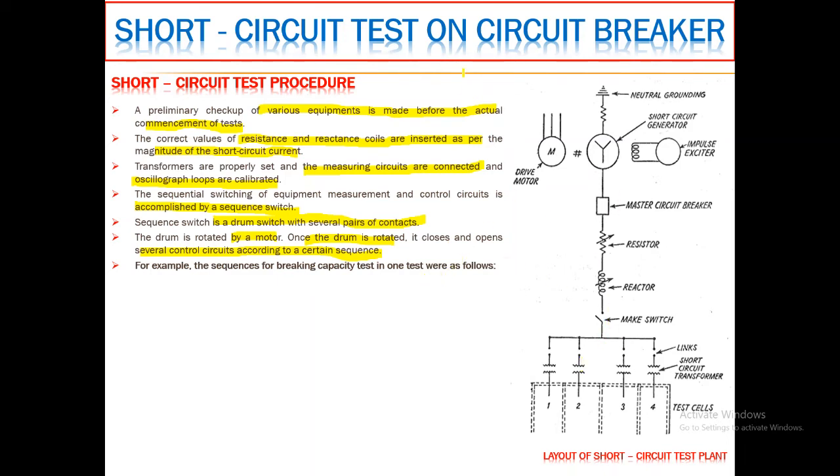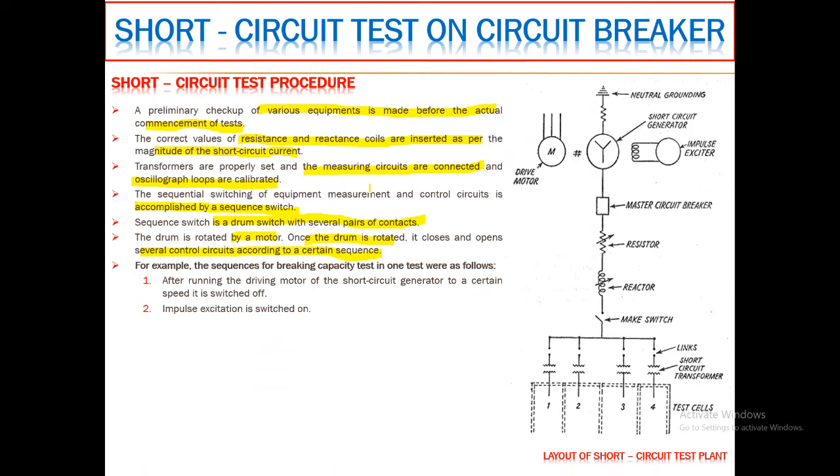So let us see the sequence for testing the breaking capacity of the circuit breaker. First, the engineer runs the driving motor of the short circuit generator to a certain speed, then it is switched off, because we now need to switch on the impulse exciter to counteract the effect of demagnetization to obtain the required recovery voltage level.